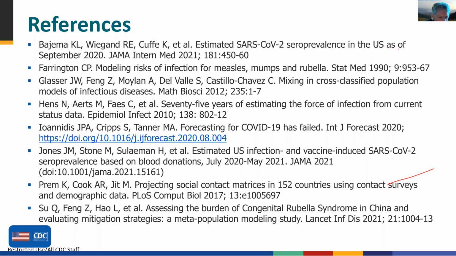This paper by John Ioannidis, I cannot pronounce his Greek name, is very hard on transmission modeling in the US. And the paper by Nils Hens and others is a review, but it also has some historical and more recent work, and some work of ours on mixing, and then Patty Farrington. And I think that's my last slide.